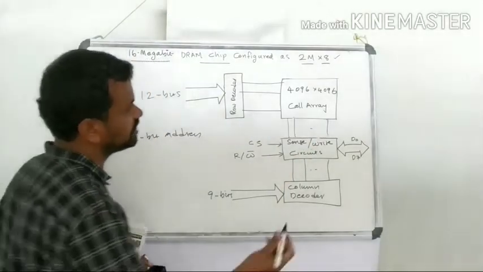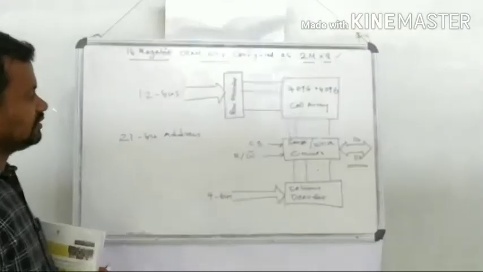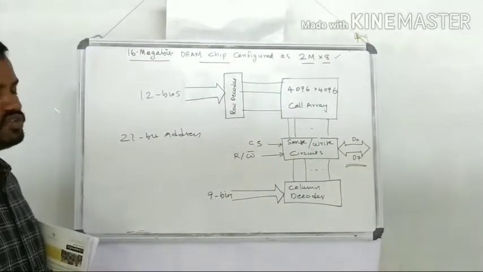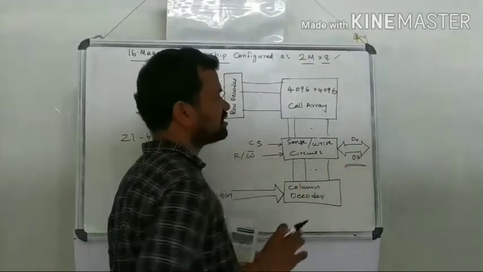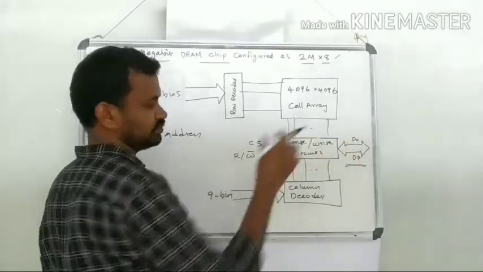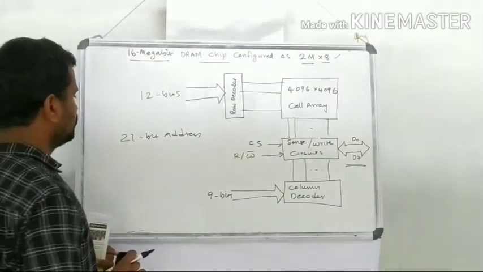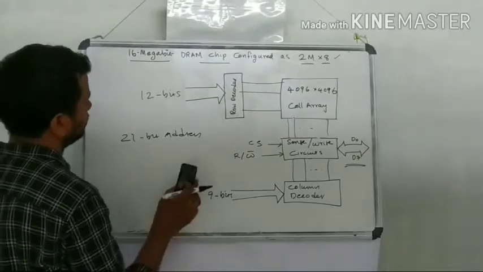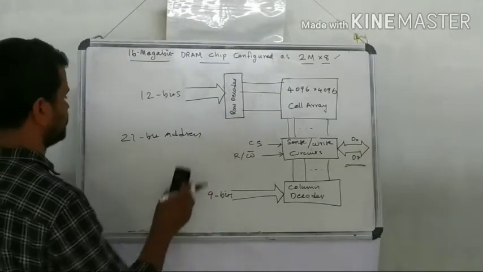It is 1 byte because our data bus width is 8 bits. If we are using a 16-bit data bus, then correspondingly we have to group into 16-bit groups. That's about the row decoder and the column decoder.